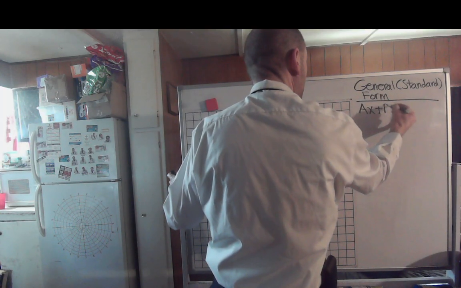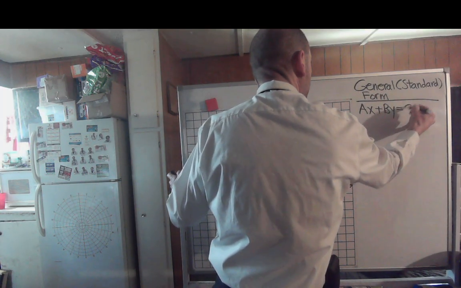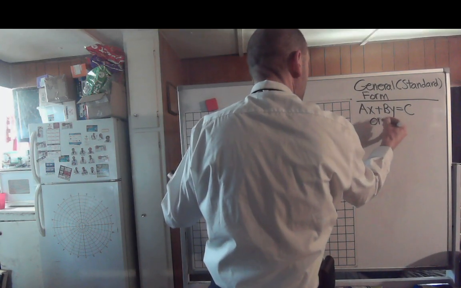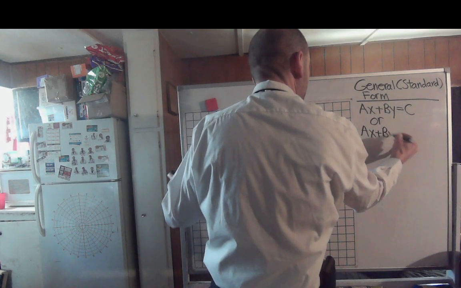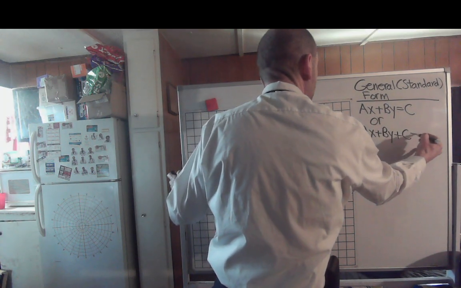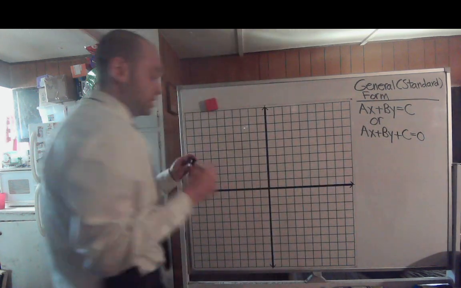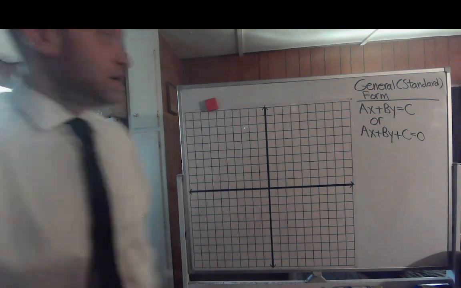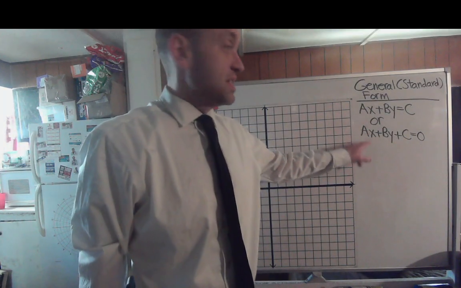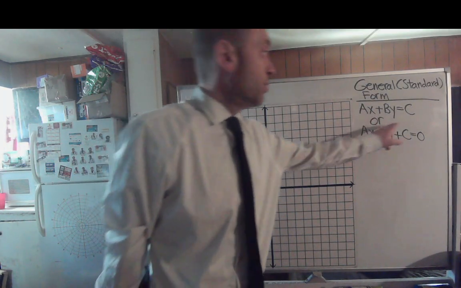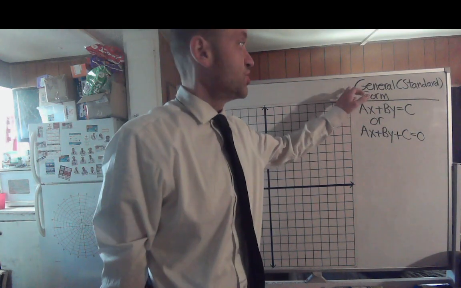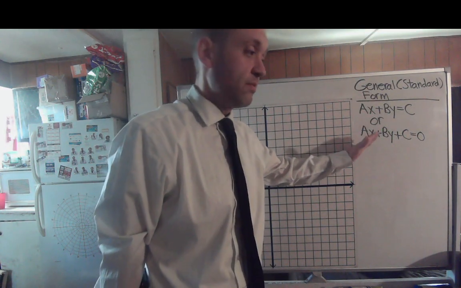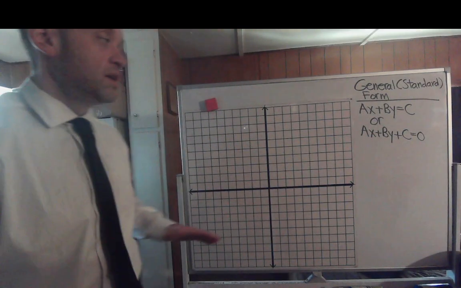Ax plus by equals c, or you may see it listed as ax plus by plus c equals 0. It depends what textbook you use. It may have it listed either way. Either form's correct for the general standard form of a line.